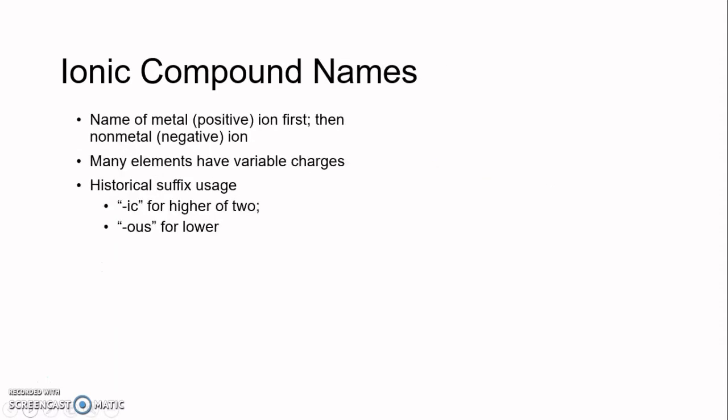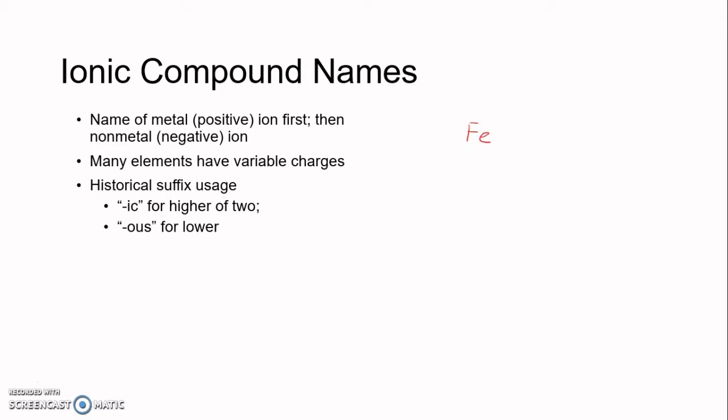Now let's name a couple of ionic compounds. First of all, as we just said, we name the metal first and the non-metal second. Now, some elements can have different possible charges. For instance, iron.